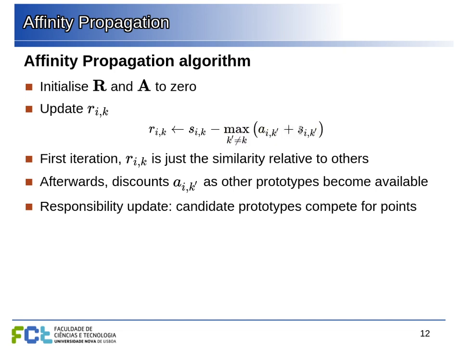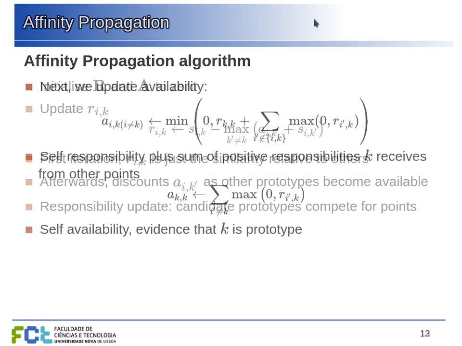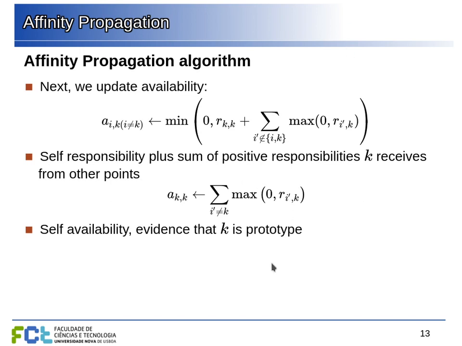And this sum is the similarity plus the availability of the other representative to be a representative of a cluster. Initially the availability part is 0, so we are only considering the similarity relative to the other, but as some points become available to be prototypes, this is also taken into consideration when considering the votes of each point for their prototypes. And then we need to update the availability.